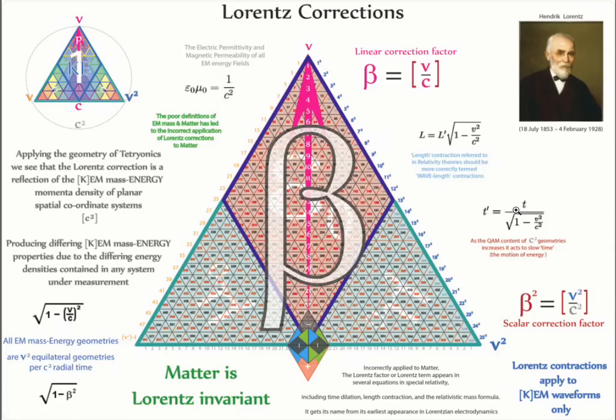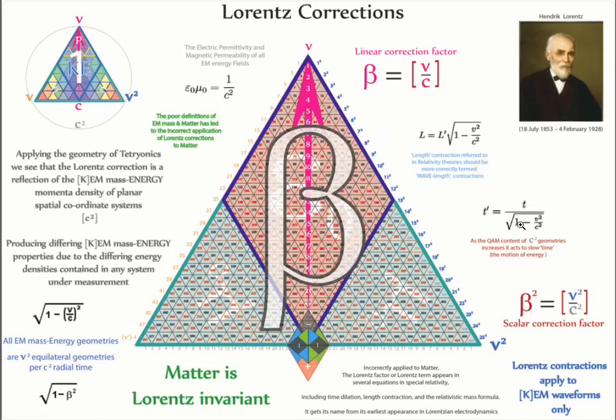Alpha per c squared is charge, but again, alpha, the quantized angular momentum, is square meters per second divided by c squared, gives you a unit of seconds. So we can clearly show that time corrections are simply reflective of the equilateral geometries of energy within the field, all affected by Lorentz corrections, and correctly modelled, by the way, with respect to c.